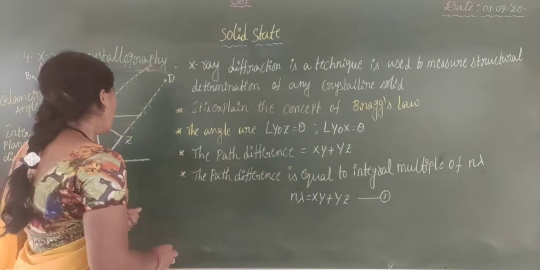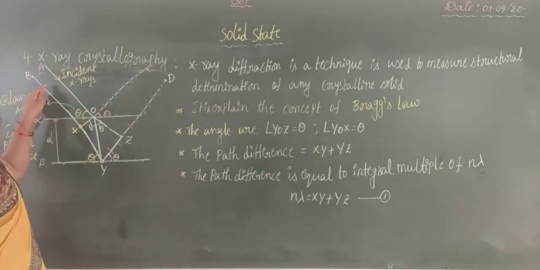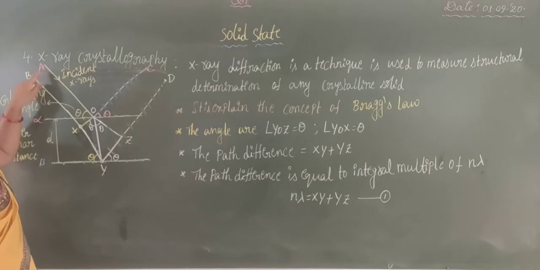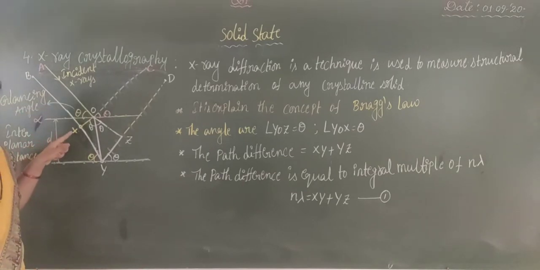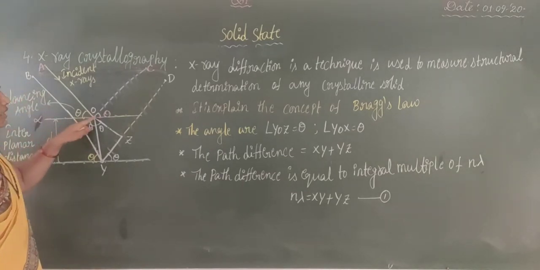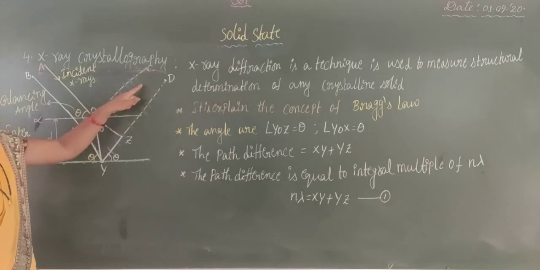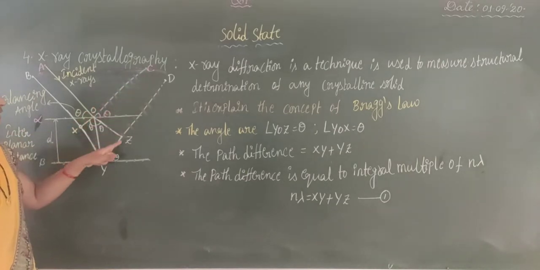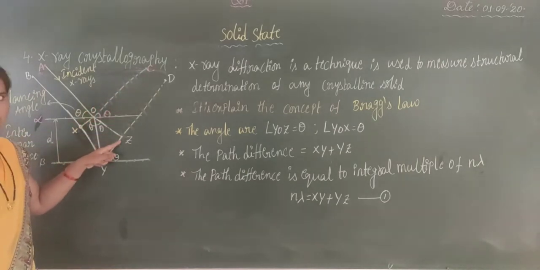After that, you have to see these two layers. The AO distance is parallel to the BX distance. Here also, CY is parallel to DZ.